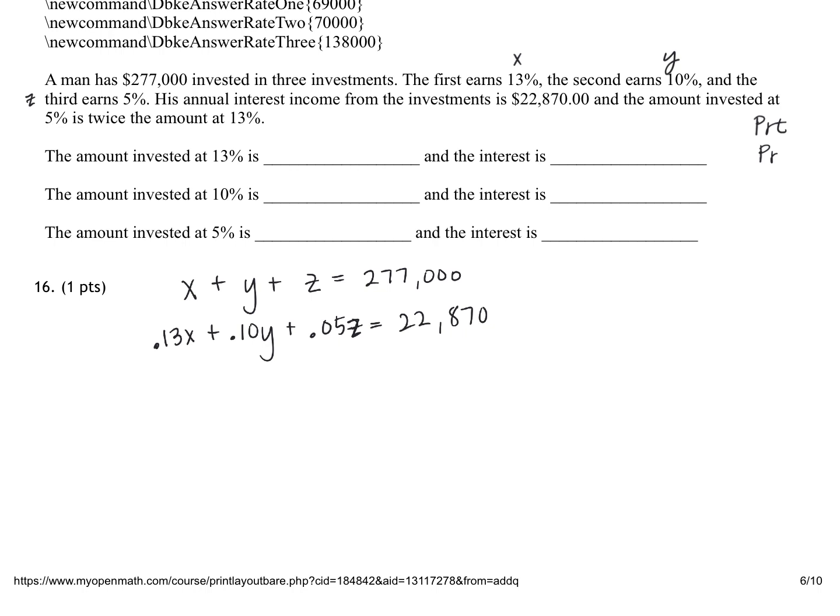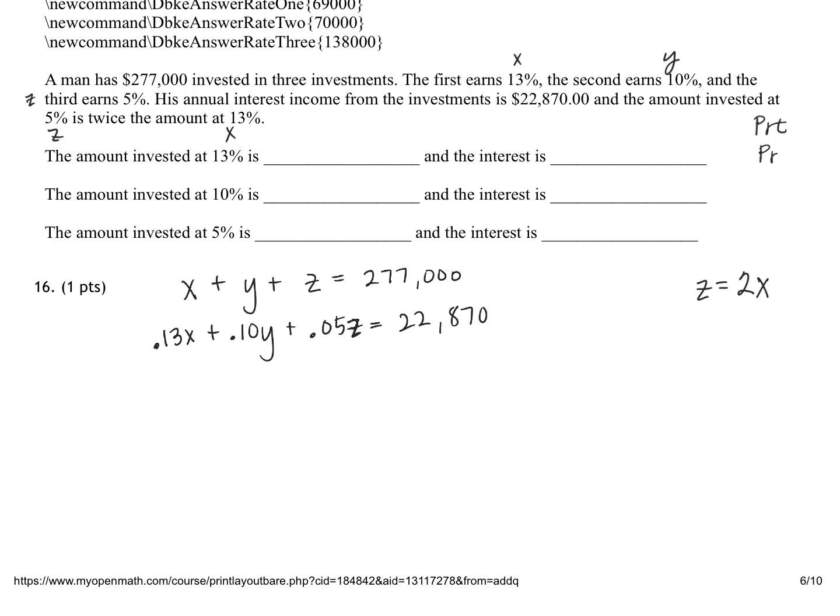So the amount invested at 5%, that is Z, is twice the amount at 13%, which is X. In order to make these equal, we would multiply X by 2, because Z has more, which would then equal what he has in Z. So this would be our third equation.